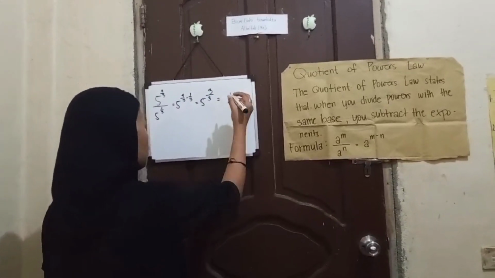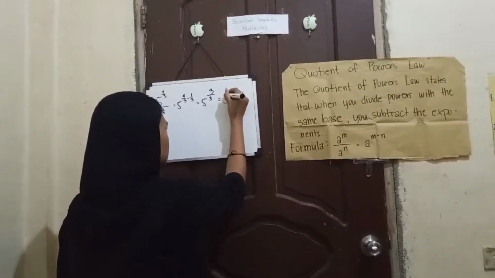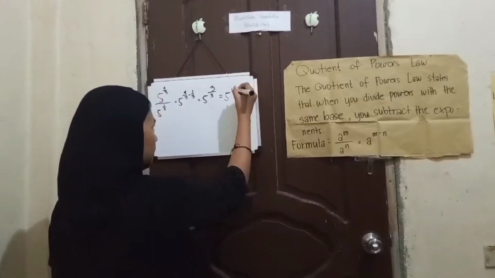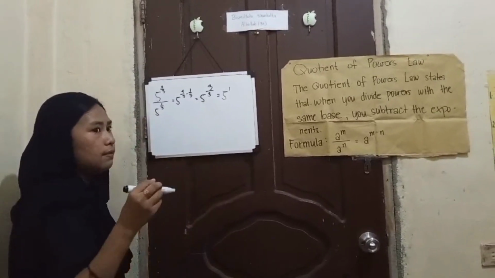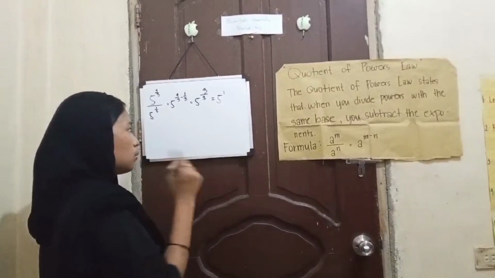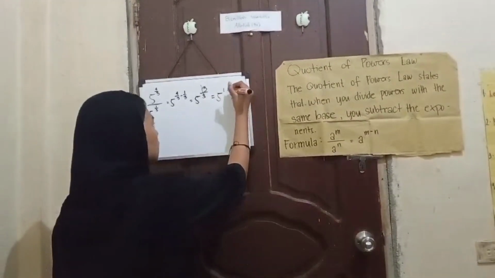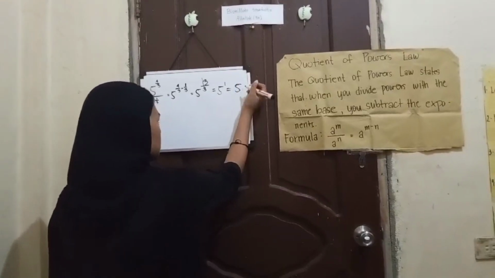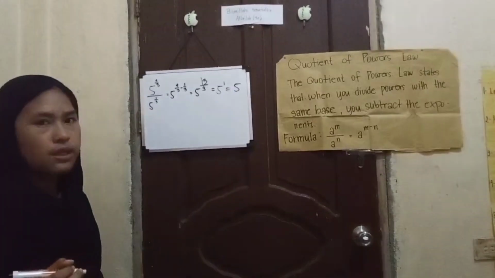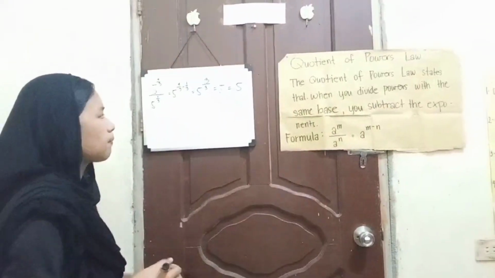And then equals, copy the base and then 5 raised to the power of 1, because 3 divided by 3 is 1. So it cancels out and is equal to 5, because 5 raised to the power of 1 is 5.